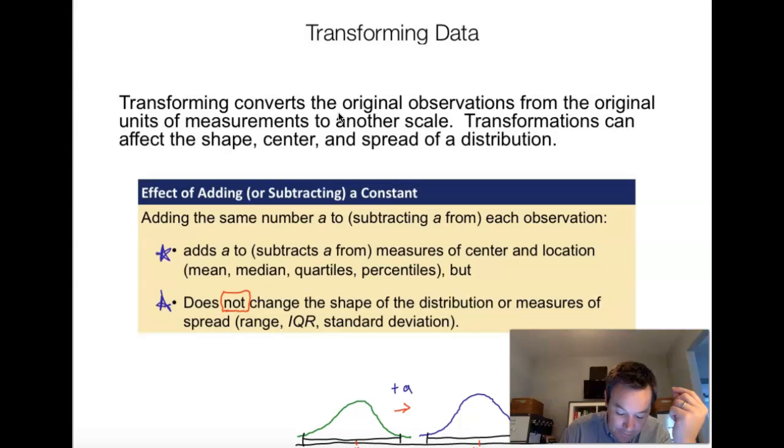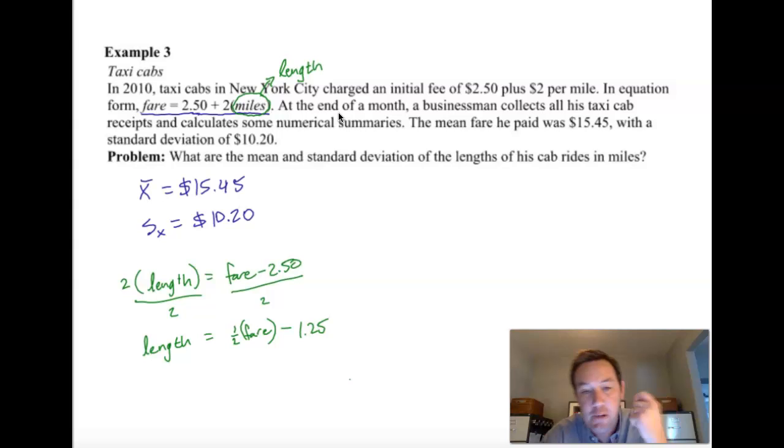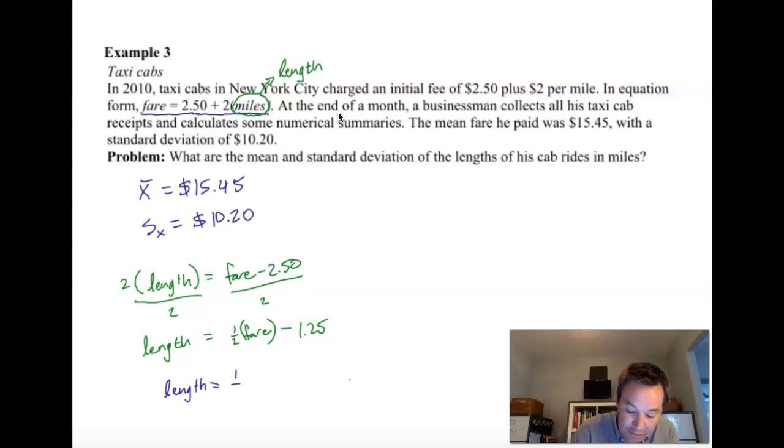Okay? So to get my new mean, I'm going to apply both transformations to my old mean. So my new mean length equals half of my old mean length, which is 15.45, minus $1.25.